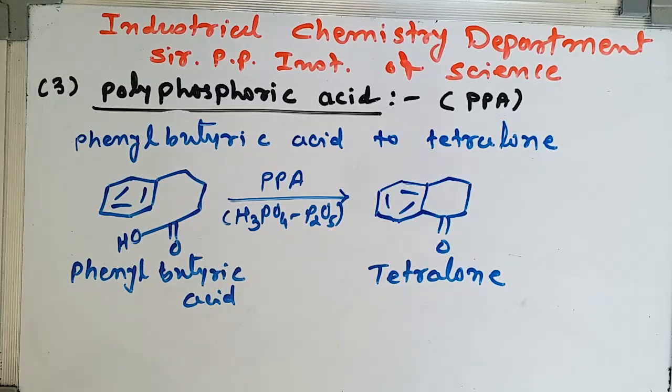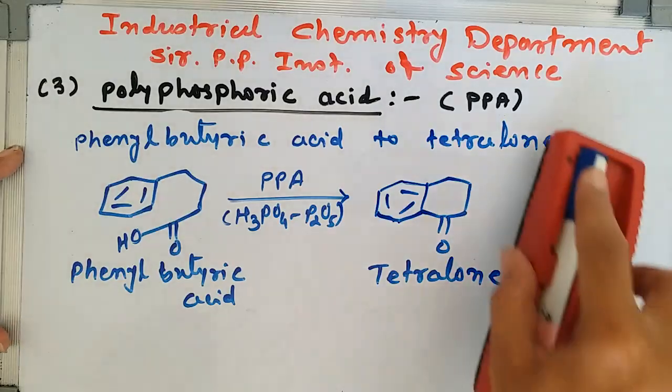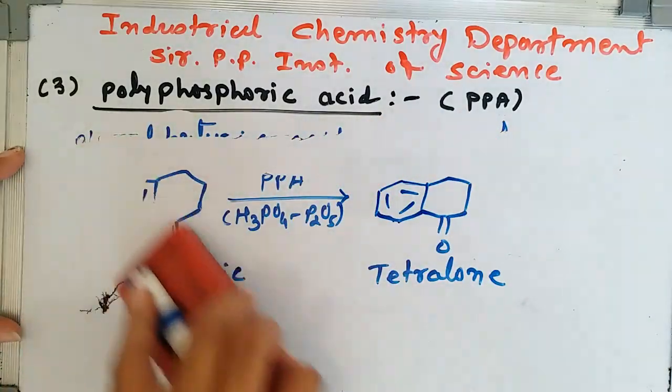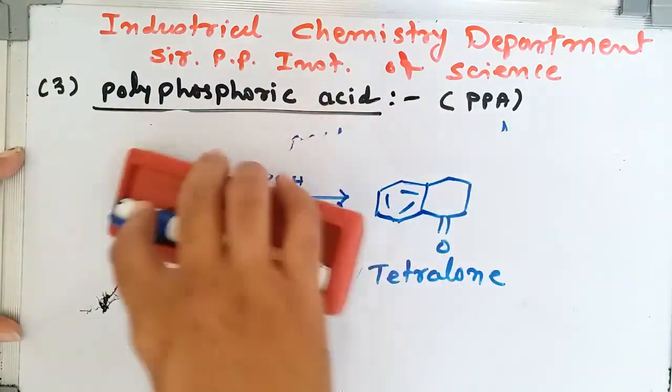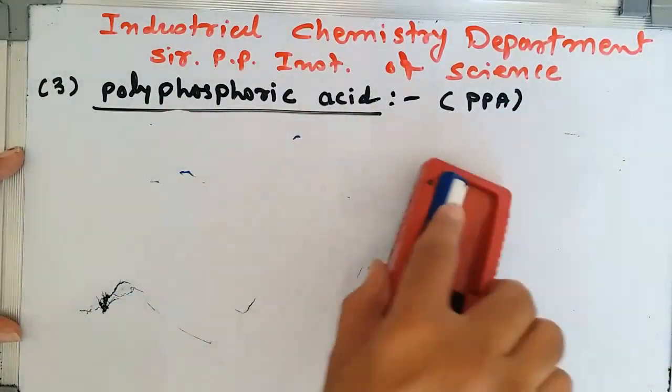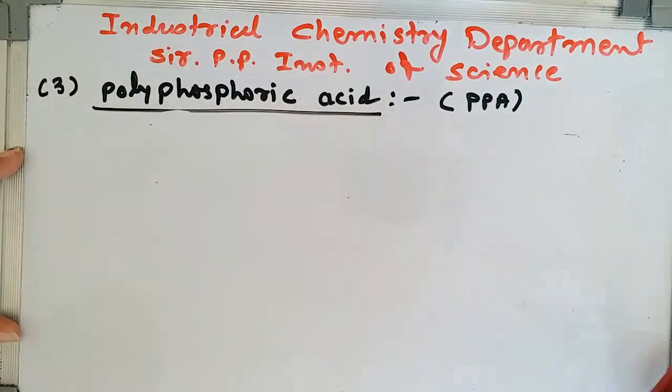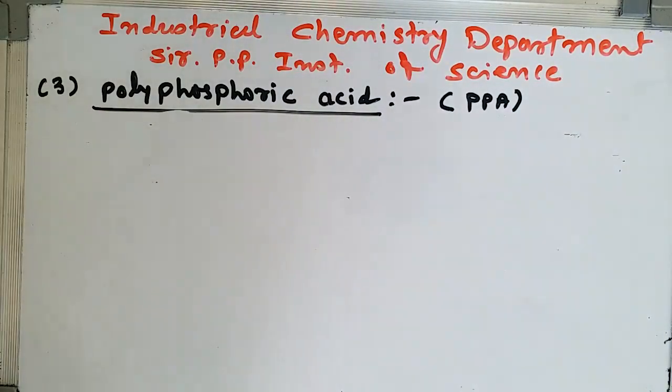Now we see cyclodehydration to heterocyclic compounds. We have some examples for this application. Polyphosphoric acid is used for synthesis of 2-substituted benzimidazole, benzoxazole and benzthiazole heterocyclic derivatives.